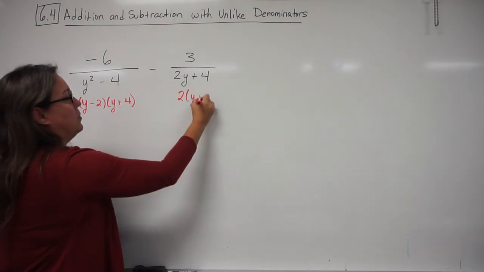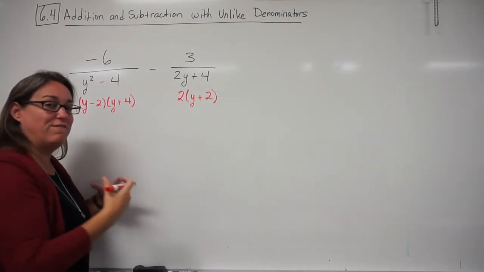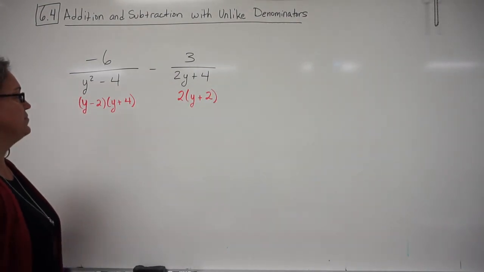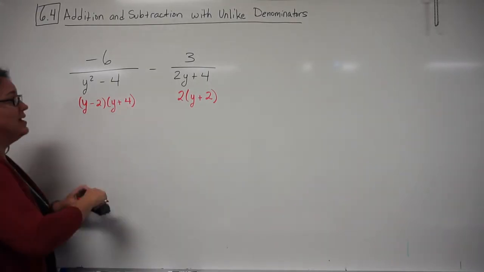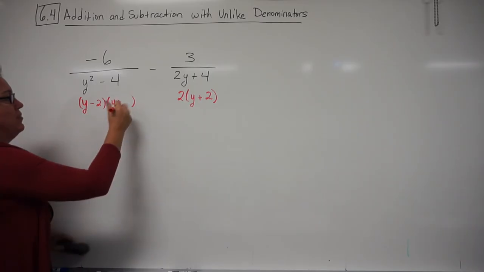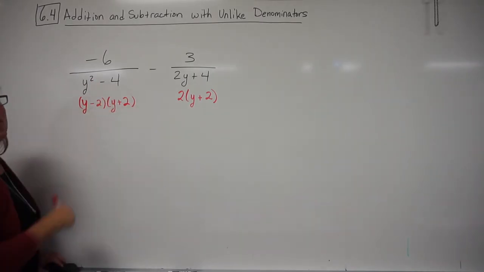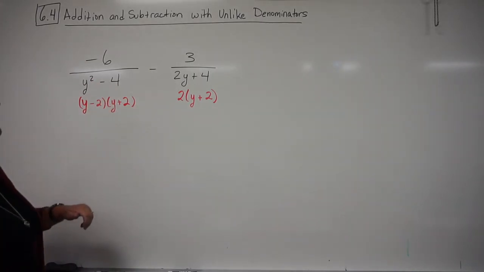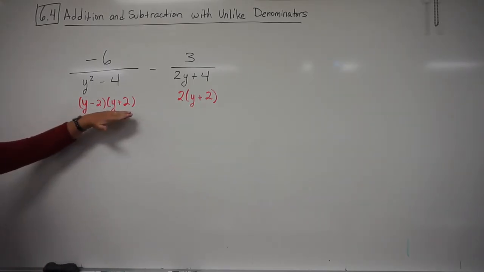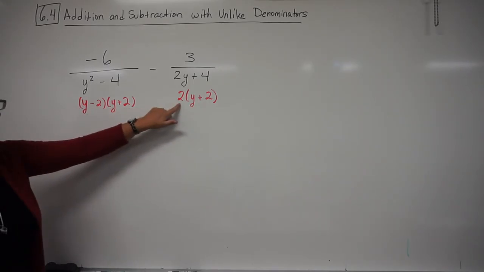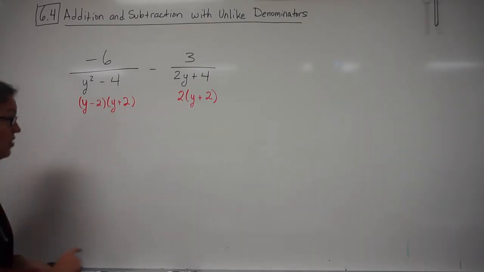I'm breaking these apart to see what factors are a part of them. Well, oh, and I made a mistake. Did you catch me on that? It's about y plus 2, because 2 times 2 is 4, right? So that's what we want. I see 3 different factors: y minus 2, y plus 2, and a 2 all by itself.